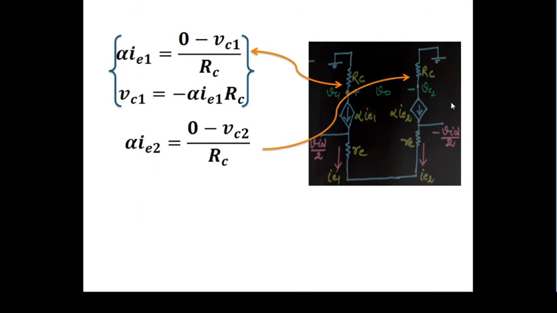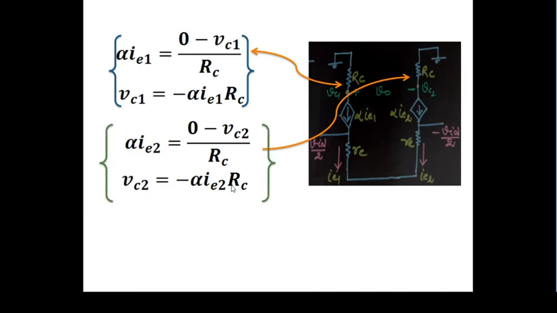Just think there is a resistance with one voltage on each side; the current will flow in that direction, VA minus VB by RC, like that.